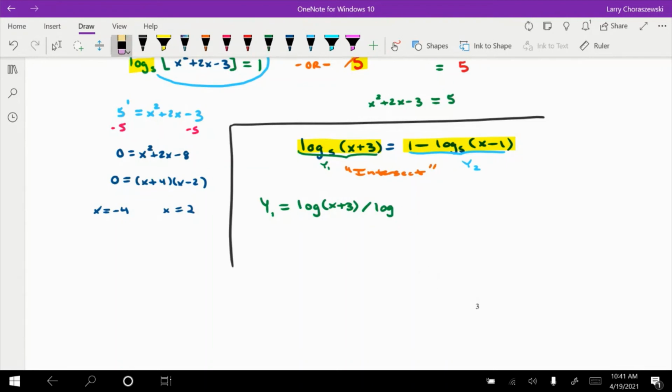Oops, not log base 5. I meant log of 5. There we go. And then in y2, we'll type in 1 minus log of x minus 1 divided by log of 5. Okay, so these two versions of the log come from the change of base.